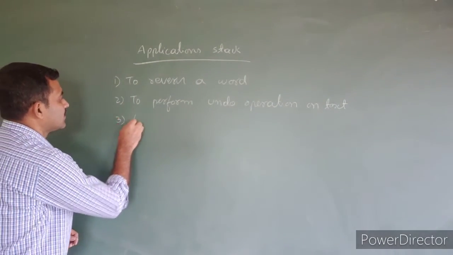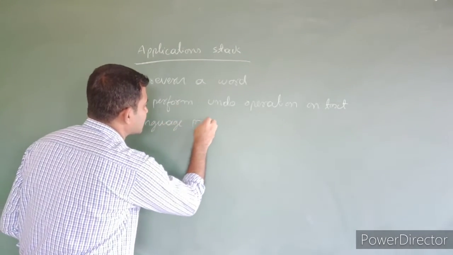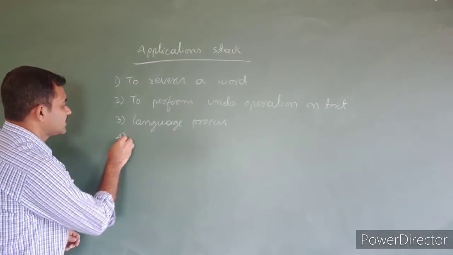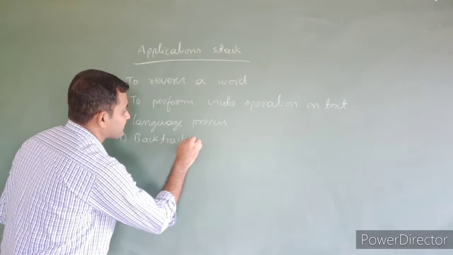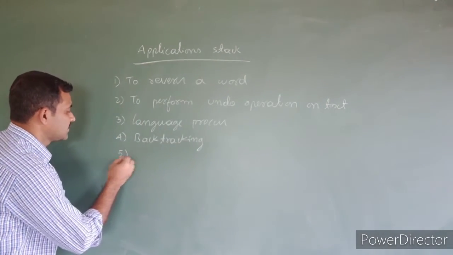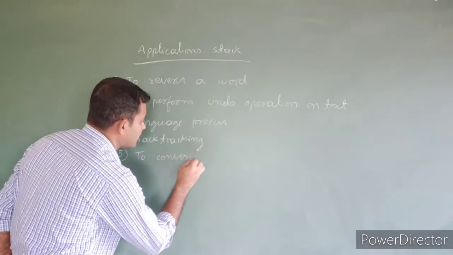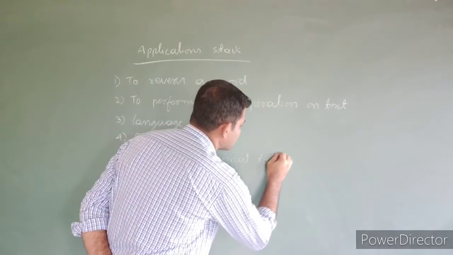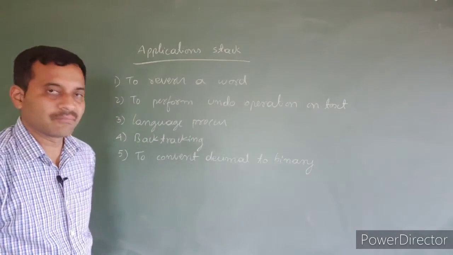Then the third one is language processing. The fourth one is backtracking. The fifth one is to convert decimal number to binary number.